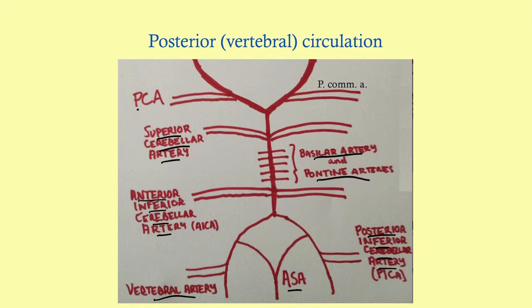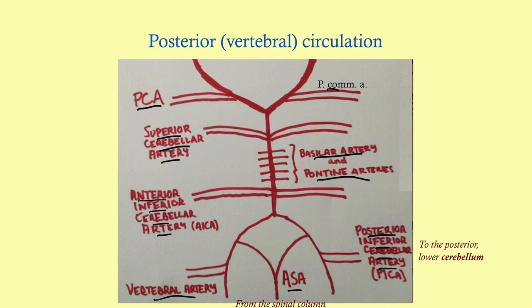And then finally, we have the posterior cerebral artery, and that again is going to be cerebrum. So this will actually supply the occipital lobe. And then finally, we have the posterior communicating artery, which will communicate with the anterior circulation.